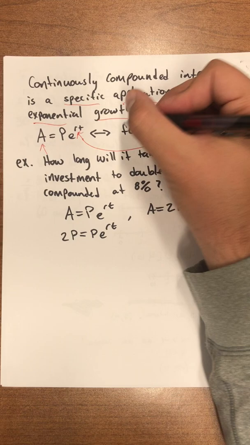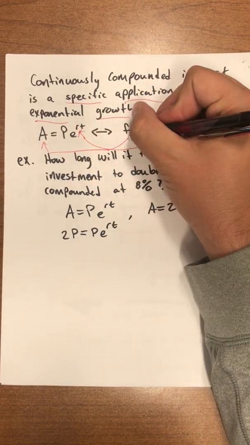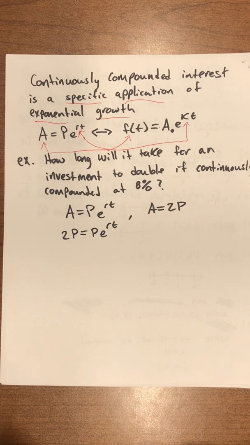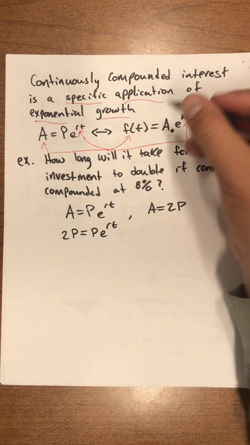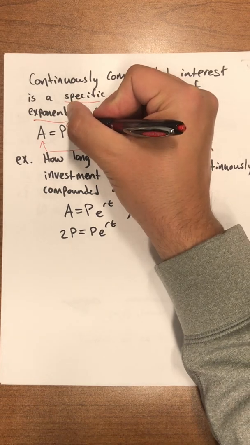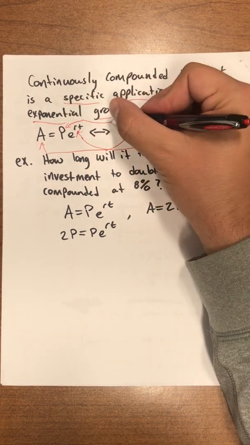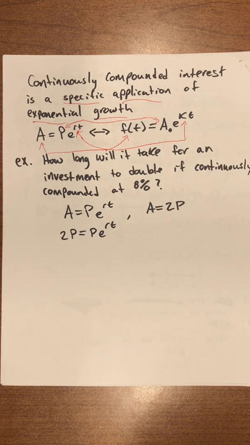So the amount A, which is the future value in the continuously compounded interest, is the function value, f of t, and then of course e is e, and here we've got the initial amount, and here we use P. P is the initial amount. In finance we would call that the principal. So I just want you guys to realize that those actually are the same thing. If you can mesh those concepts together, realize they're the same thing, you have a better chance of learning both of those. So let's look at the first example.